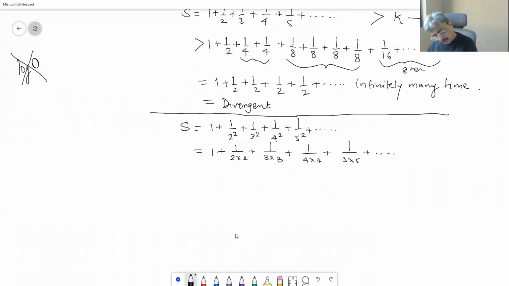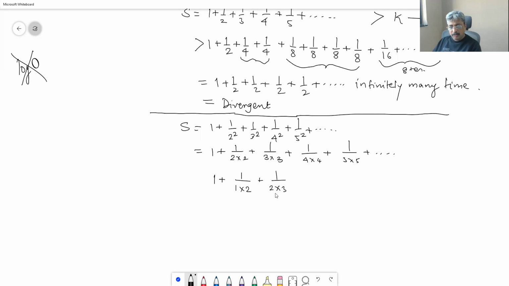So 1 upon 2 into 2 can be written, suppose I write 1 plus 1 upon 1 into 2 in place of 2 into 2, plus 1 upon 2 into 3 in place of 3 into 3. So 3 into 3 was 9, denominator was bigger, fraction was smaller.